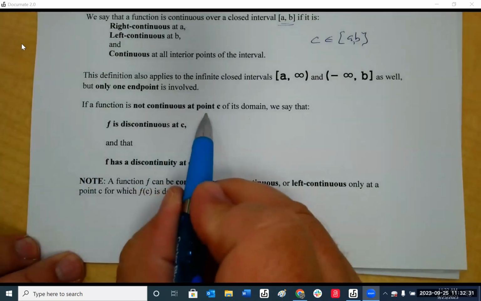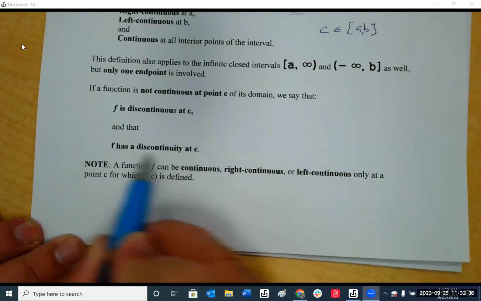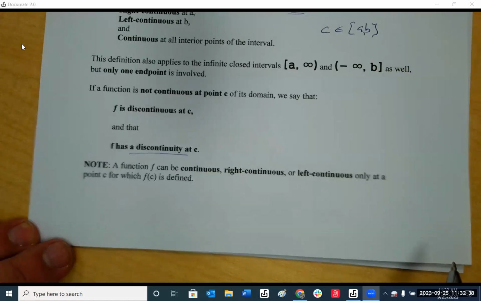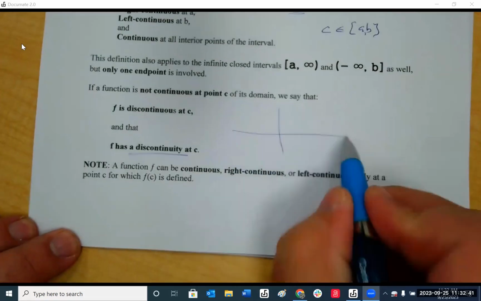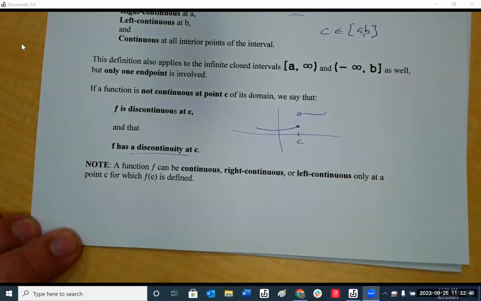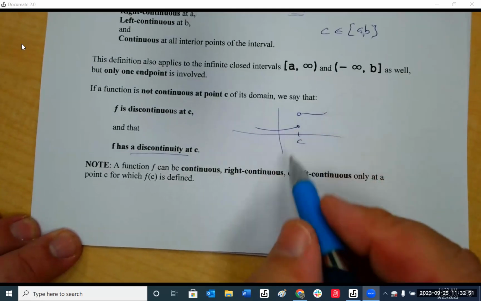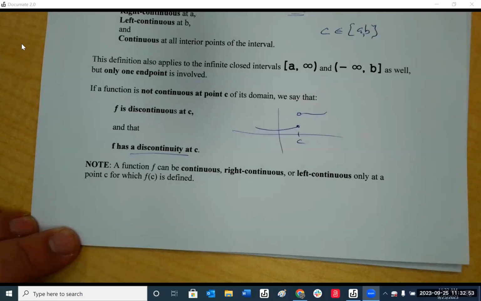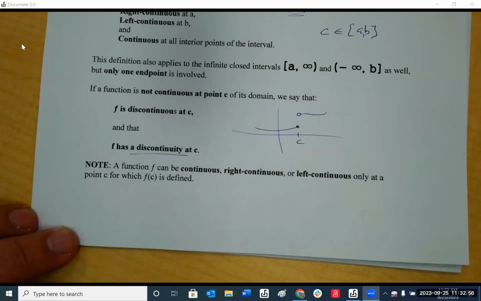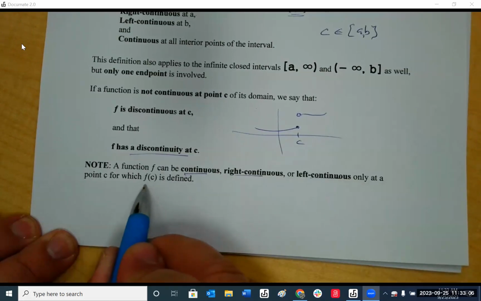If a function is not continuous at c in its domain, we say that f is discontinuous at c and that f has a discontinuity at c. So what does that mean? It's not continuous at c. That means there's a discontinuity, whether it's a jump discontinuity, a removable discontinuity, whatever. It's just not continuous at that point. A function can be continuous, right and left continuous, only at a point c that is defined.